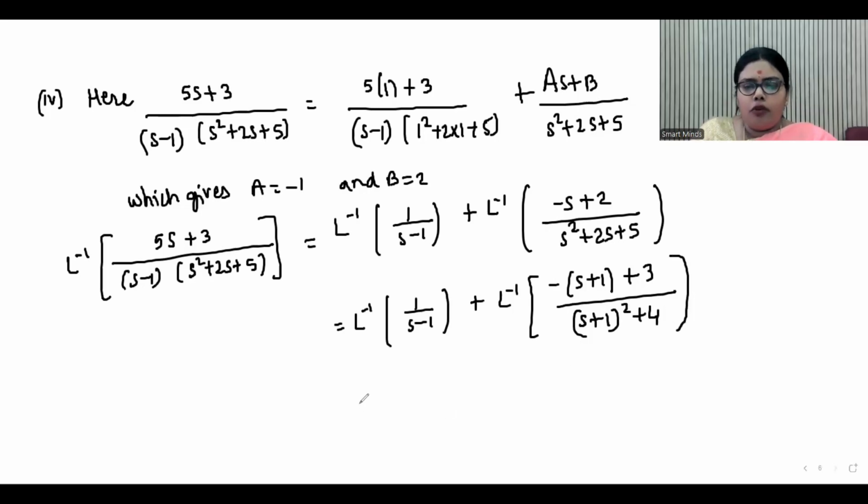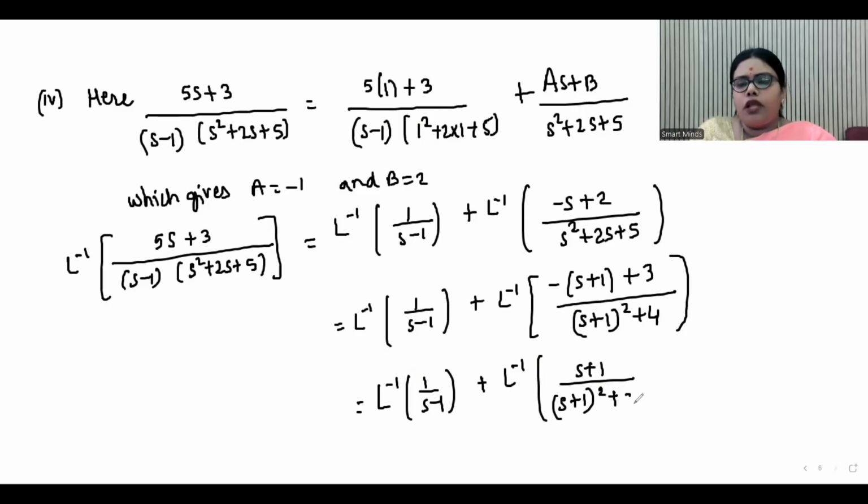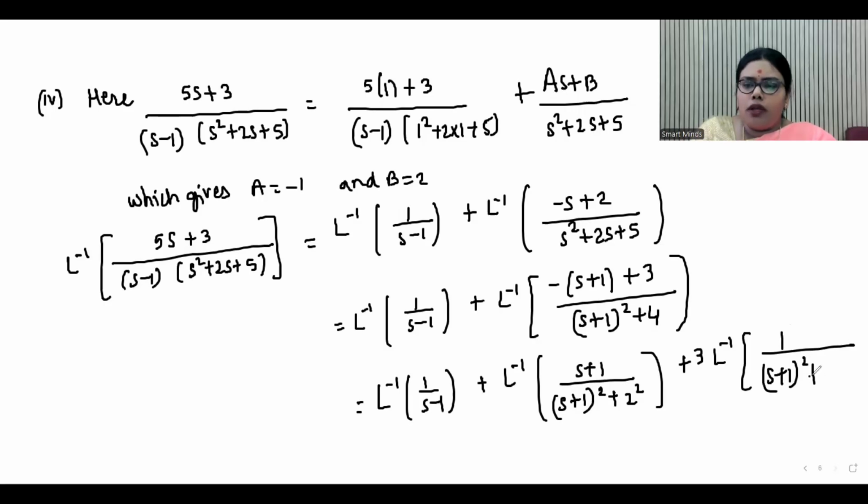Now again we have formulas for this. So now this can be separated again as L inverse of 1 by (s minus 1) plus L inverse of (s plus 1) by (s plus 1) whole square plus 4, which can be written as 2 square, plus 3 L inverse of 1 by (s plus 1) whole square plus 2 square.